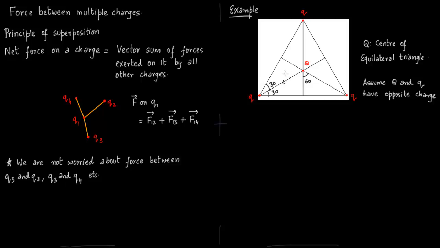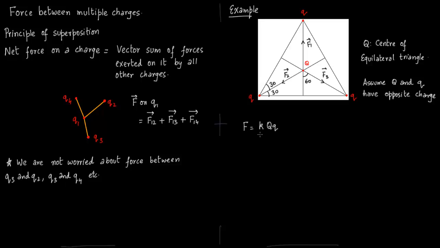So there is a force acting in this direction, we call it the F2 vector. There is a force acting in this direction, we will call it say the F3 vector, and there is a force acting in the upward direction which we call the F1 vector. So first we talk about the force.